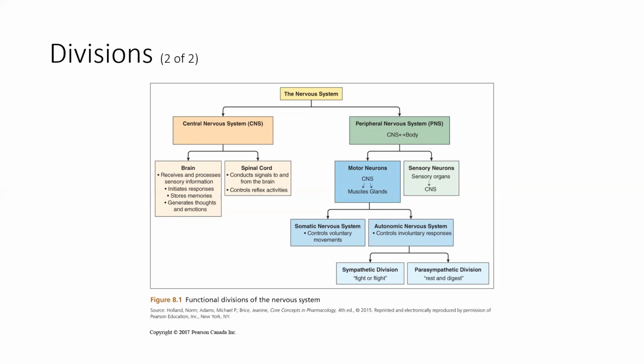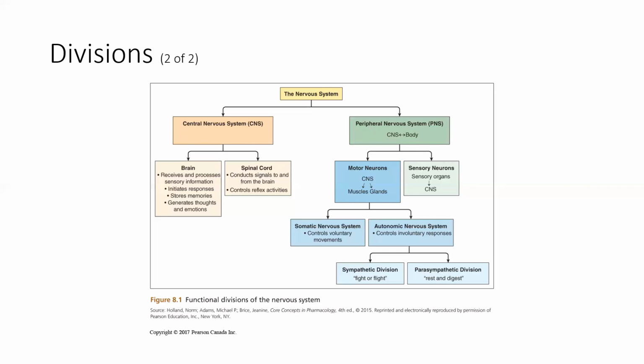The neurons which take the signals from the sensory organs of the body back to the CNS are called sensory neurons. So we have two types of nerves in our peripheral nervous system: motor nerves, which take the message from the brain to the body, and sensory nerves, which take the signal from the body back to the brain.